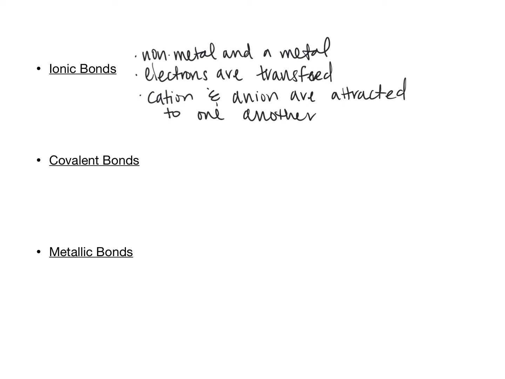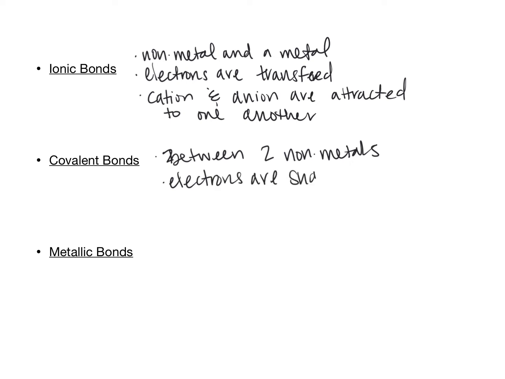The most different type from an ionic bond is a covalent bond. A covalent bond is between two nonmetals. And so the electrons are shared. Now, you may have heard about something called a polar bond or looked at a different video in this series where we look at polar bonds. But whether they are shared equally or unequally, they are shared.